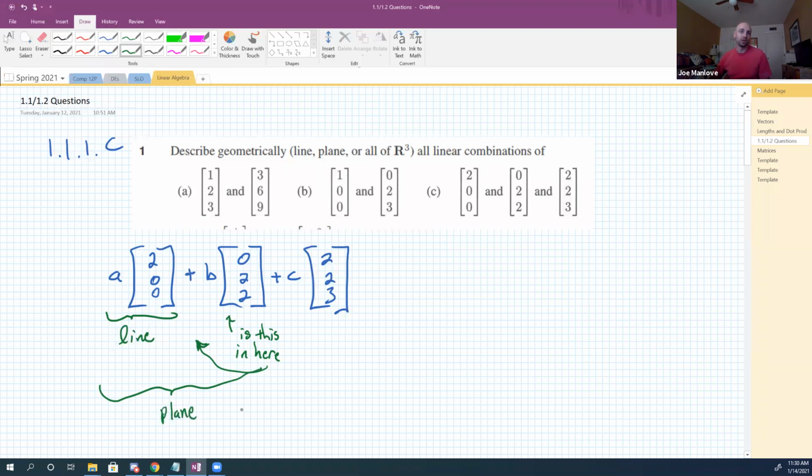And my explanation is going to be, since the first vector isn't parallel to the second. That thought process kind of makes sense?